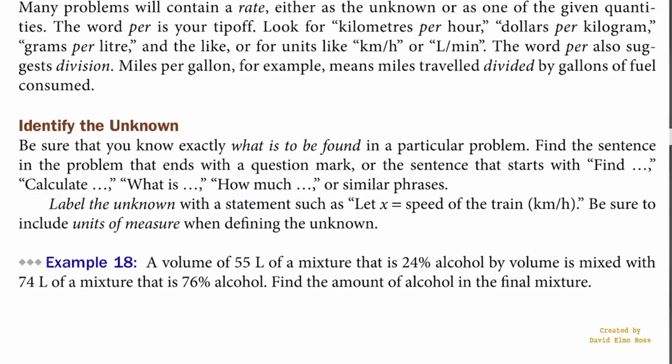There was a whole section in the text about percentage. And we're going to simplify this down to just what you need for word problems. If we say 76%, the idea of percent means per 100. So 76% is really the fraction 76 over 100. And if you write this as a decimal, that's 0.76.